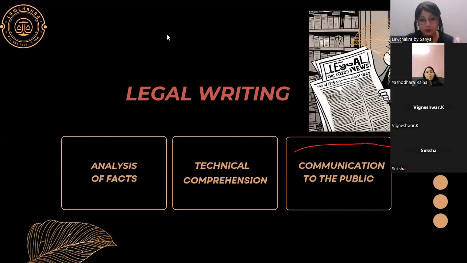So, yeah, Yashodhara has said that legal writing is about stating the law and reiterating it. That is one way to put it, Yashodhara. It is not wrong. It is about stating the law, it is about reiterating the law, and it is majorly done for either research purposes or for general awareness.